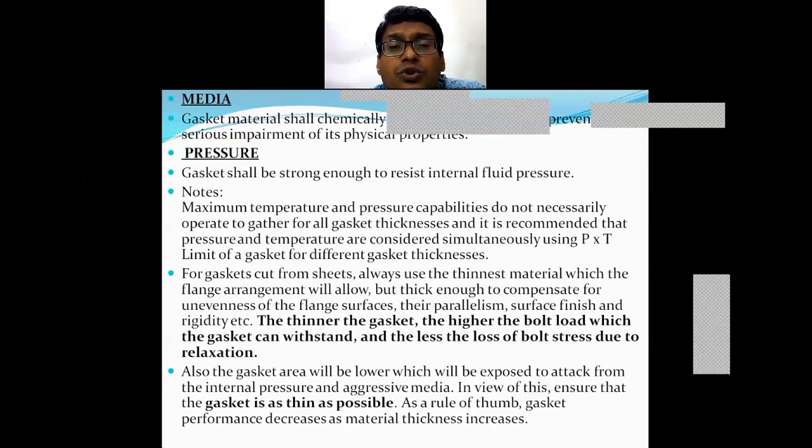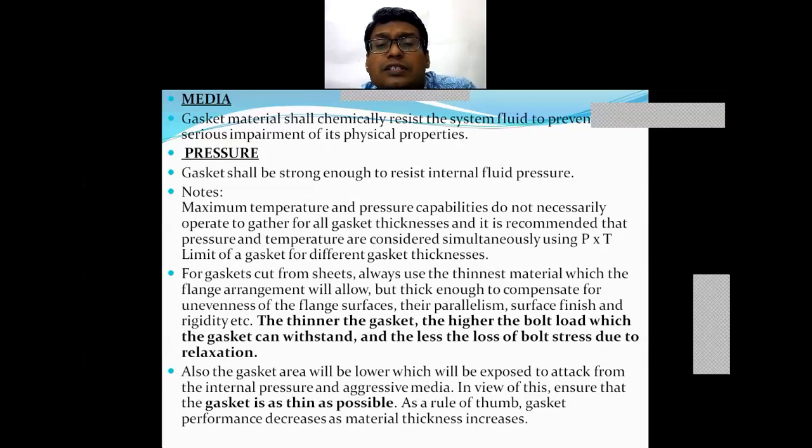It should also be resistant to the corrosive nature of the media. Then the maximum temperature and pressure capabilities do not necessarily operate together for all the gasket thicknesses, and it is recommended that the pressure and temperature are considered simultaneously while selecting the material.